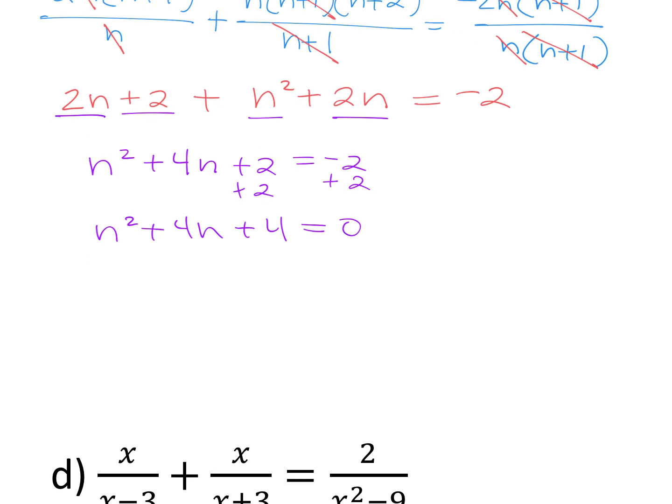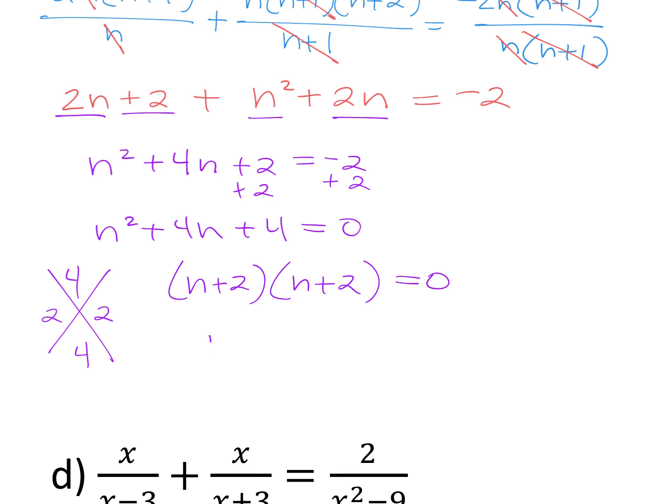And now you just factor and solve. What can you multiply to get 4 that you can add to get 4? 2 and 2. So it's n plus 2 times n plus 2 equals 0. So what is n? Negative 2 and negative 2, which means it's just negative 2. Would you have to do negative 2 twice? No, you don't. Just negative 2 is great.